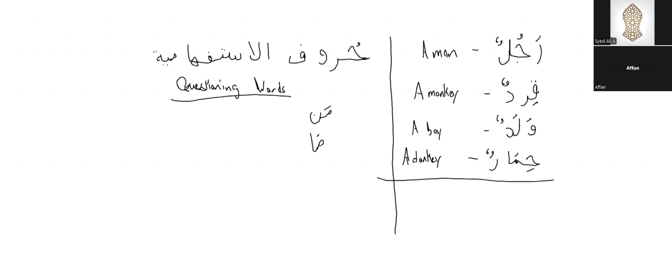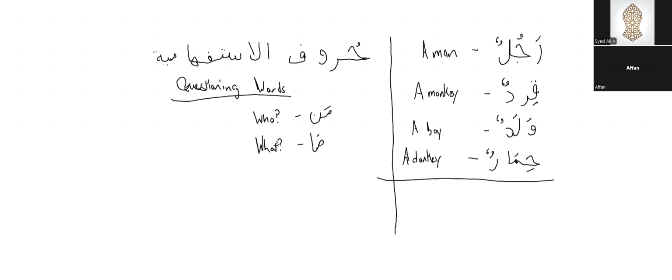Man and ma, right? And these both words mean, man means who and ma means what. So there's a good distinction between these two, right? Man is primarily used for humans, and ma is primarily used for anything that's not human, right?